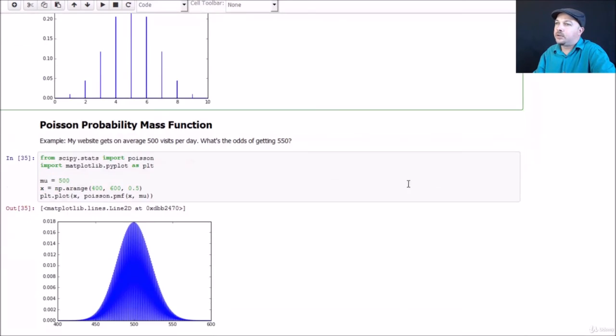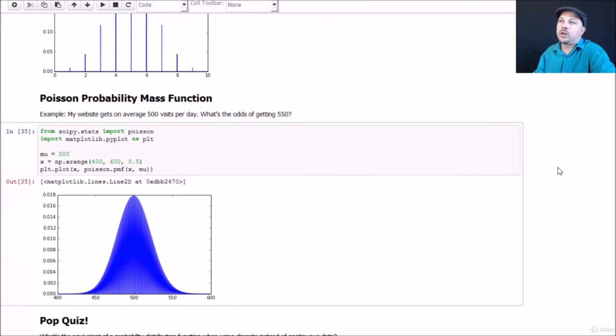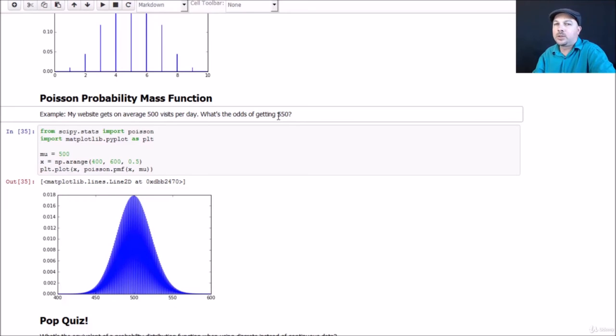Lastly, the other distribution function you might hear about is a Poisson probability mass function, and this has a very specific application. Looks a lot like a normal distribution, but it's a little bit different. The idea here is if you have some information about the average number of things that happen in some given time period, this can give you a way to predict the odds of getting some other value on a given future day.